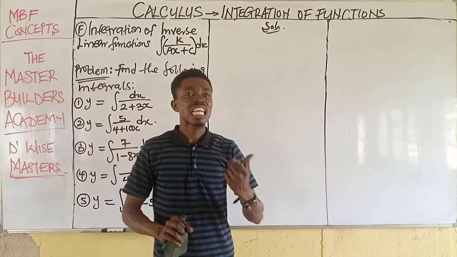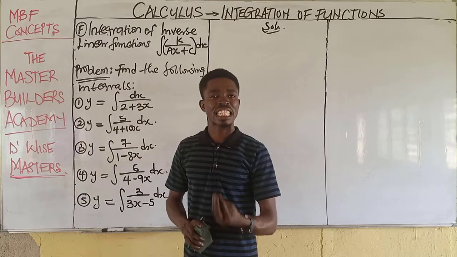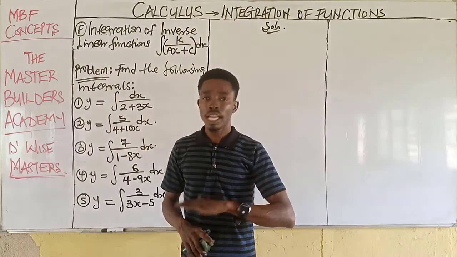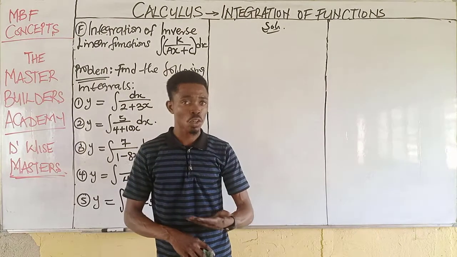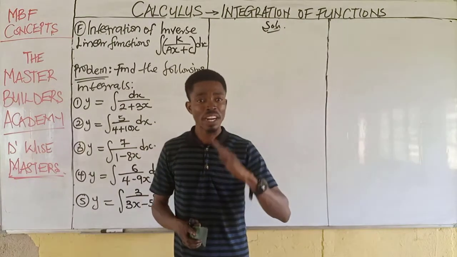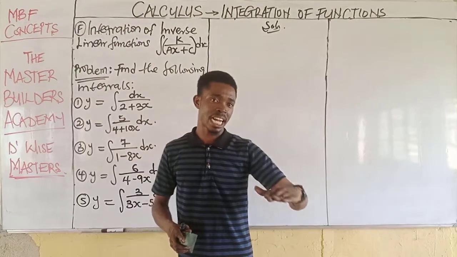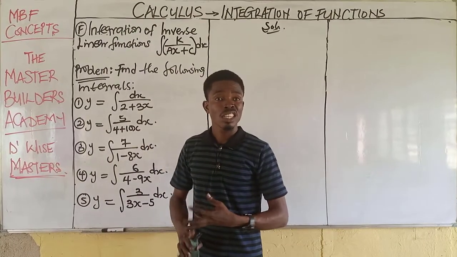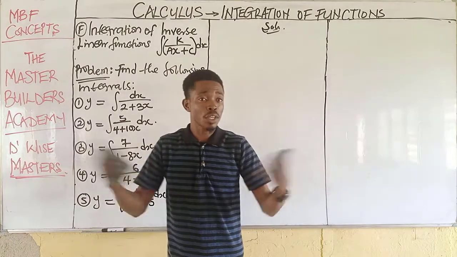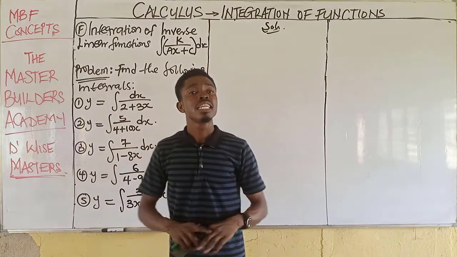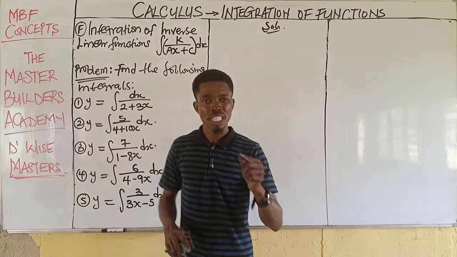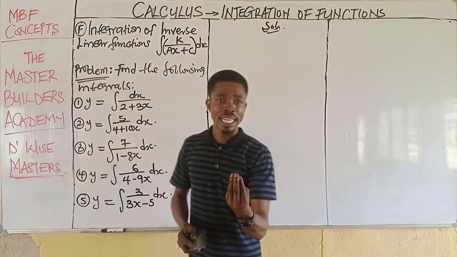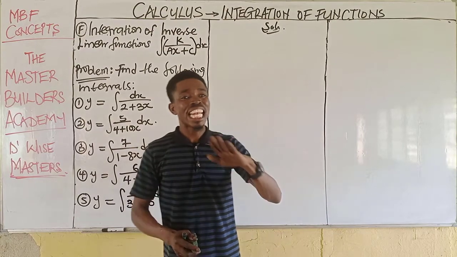The first thing that you will do is to identify that for this fraction, the numerator is a constant without a function of x. The numerator must be a pure constant, which is not 0. It can be 1, 2, 3, 4, positive, or even a negative value. But the numerator must be a constant. Then the denominator will be a linear function.